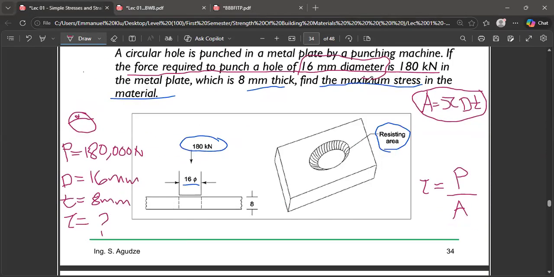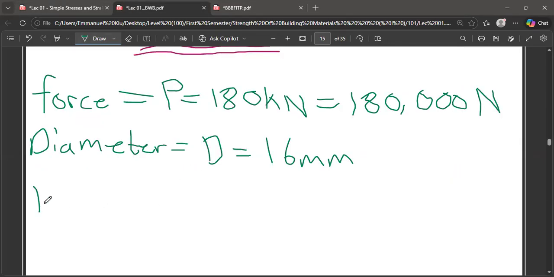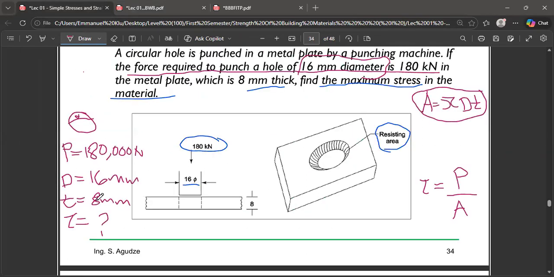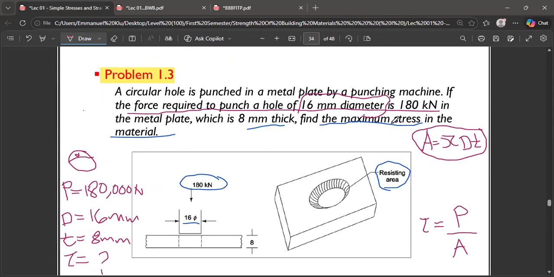And then the thickness was 8 mm. So let's quickly put that down. The thickness is equal to 8 mm. Good. So now we are supposed to find the maximum stress. I told you this kind of stress is a shear stress.